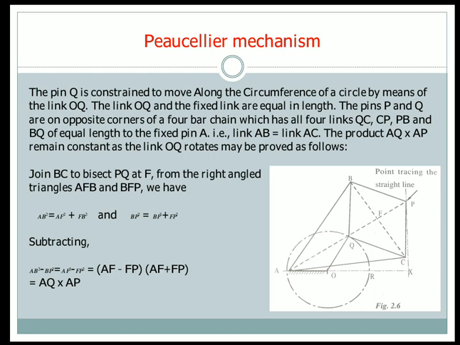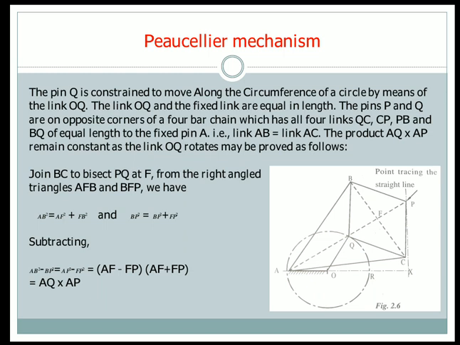Let us join BC to bisect PQ at point F. From right angle triangles AFB and BFP, we shall take the Pythagoras theorem, that is, the square on the hypotenuse is equal to the sum of squares on the other two sides. AB square is the hypotenuse, so AB square is equal to AF square plus FB square.